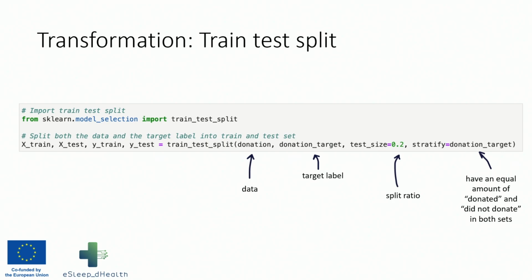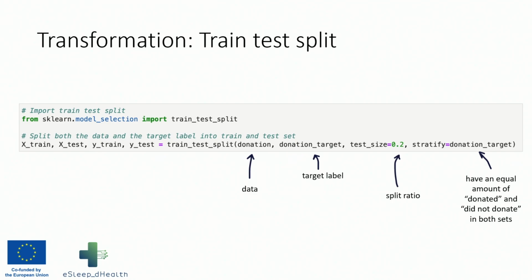Okay. There are different parameters in the train_test_split function we need to define. One of them is our data. One of them is the target label. One of them is the split ratio. So here we give the size of the test set, which in this case is 20%.